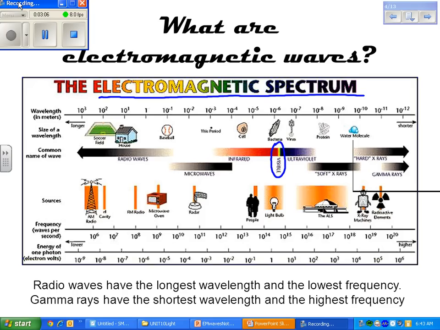We're going to start with the greatest wavelength down here, and this is the smallest or shortest wavelength. Over here is the largest or greatest wavelength.